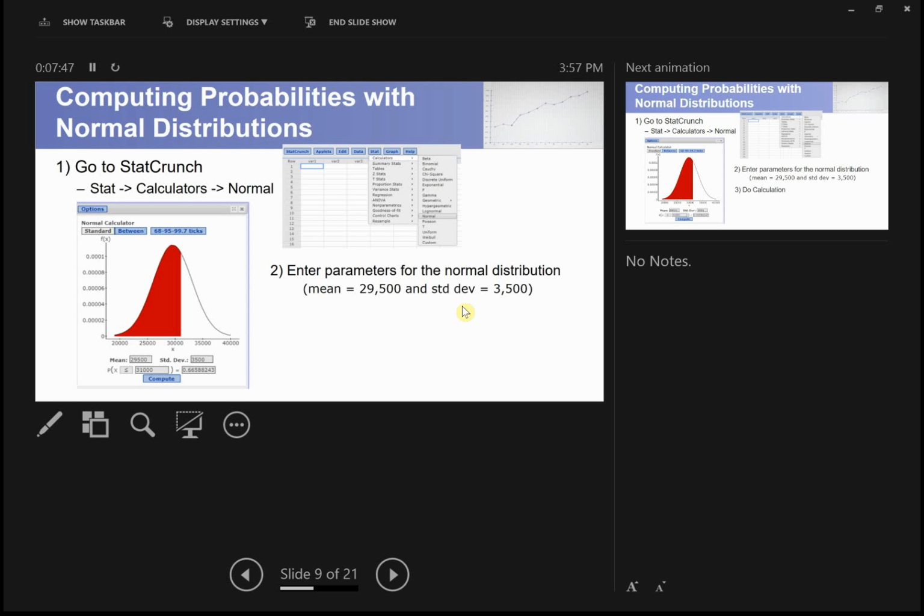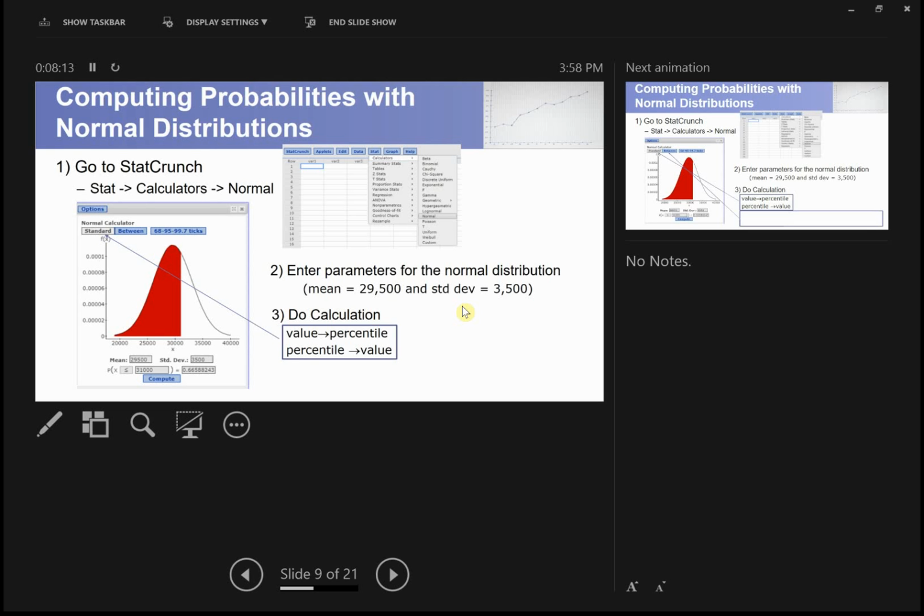And then we saw that we could do 4 different things with StatCrunch. Okay, first of all, if we toggle on this standard option here, we saw that we could input a value and we could get the percentile. Or we could go backwards. You could enter the percentile here, and you could get the value corresponding to that percentile.